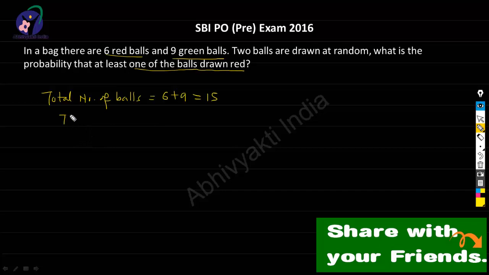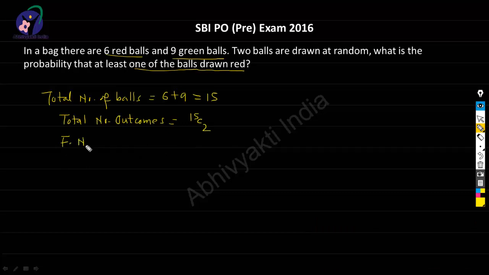Therefore the total number of outcomes will be equal to 15C2, and the favorable number of outcomes is equal to 6C2 plus 9C2.